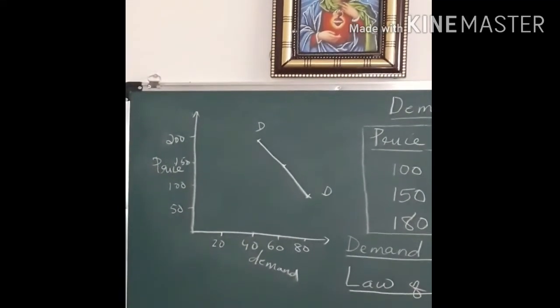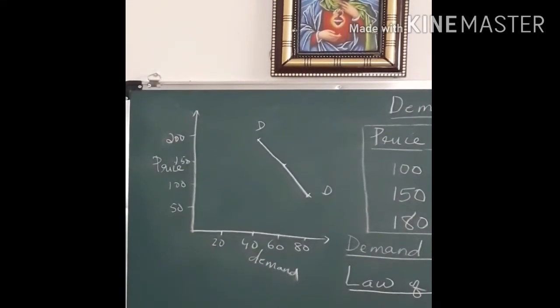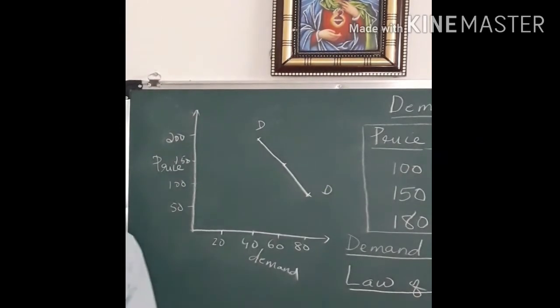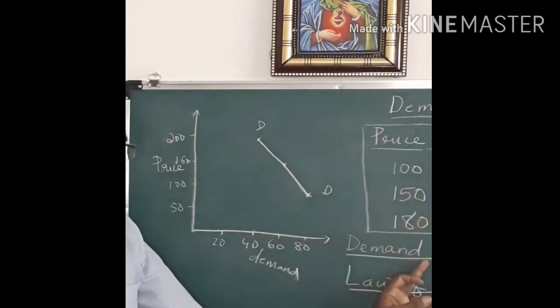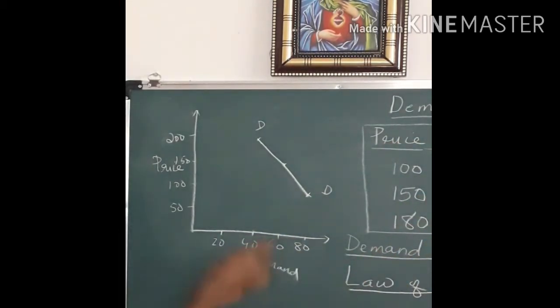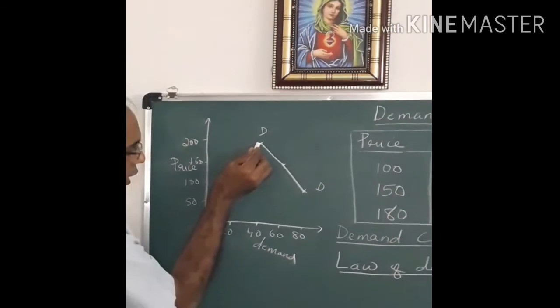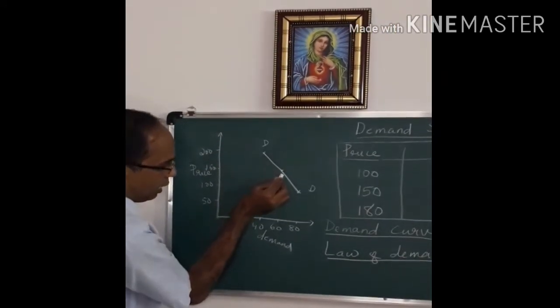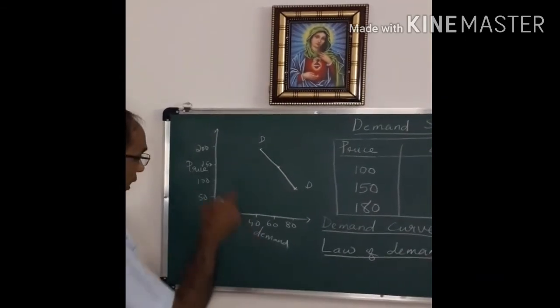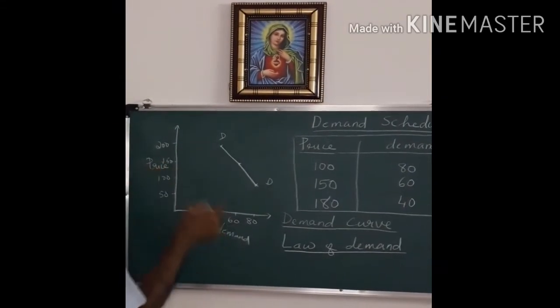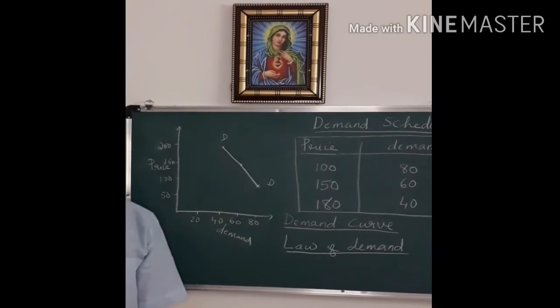That we study later: linear and non-linear demand. Okay, now you understand what is a demand schedule and what is a demand curve. And what is the shape of the demand curve? A demand curve is a negatively sloped curve that shows the negative relationship between price and demand.